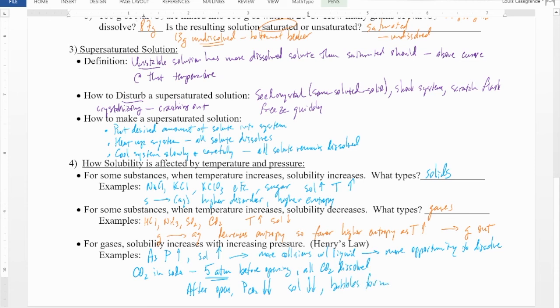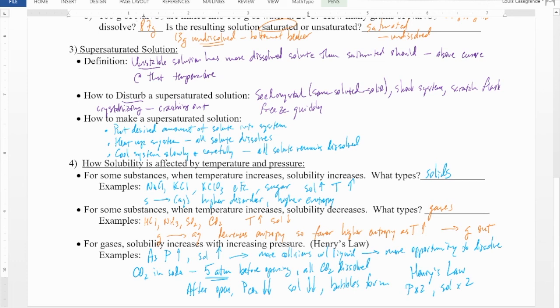All right, so this is called Henry's law, and we're only going to look at it qualitatively. But it is a direct relationship, a one-to-one relationship. So if the pressure doubles, then the solubility will also double.